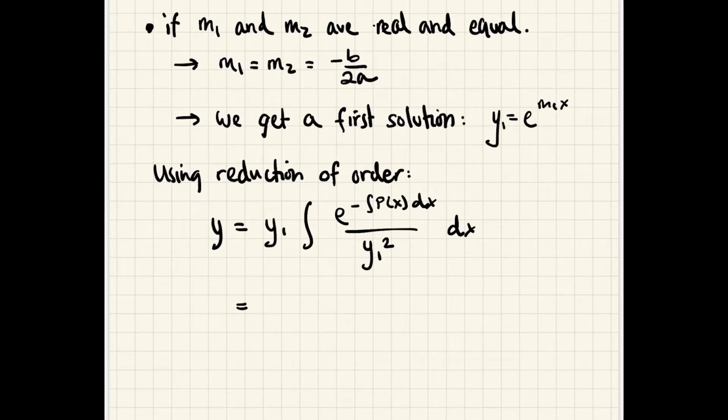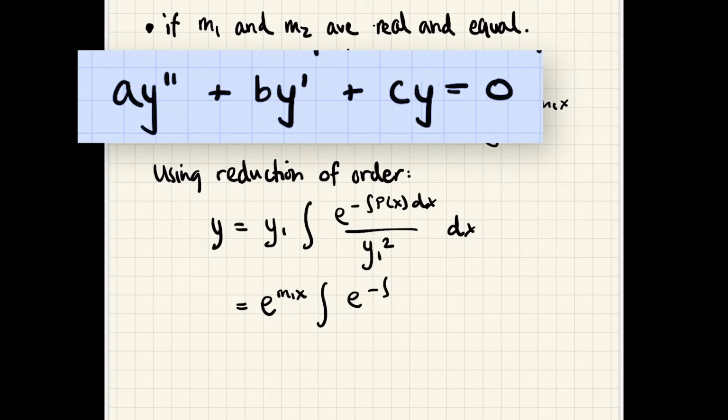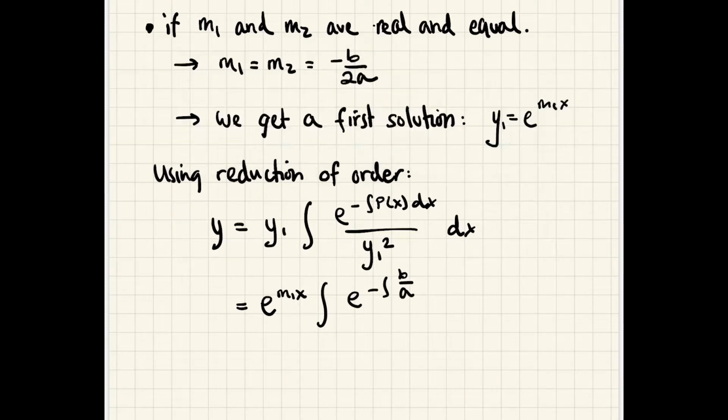So our y1 is e to the m1x, and looking at our original differential equation, what is our p of x? Well, you might think it's b, but don't forget we need the differential equation written in standard form. So in standard form, our p of x is actually b divided by a. And y1 squared is e to the 2m1x.